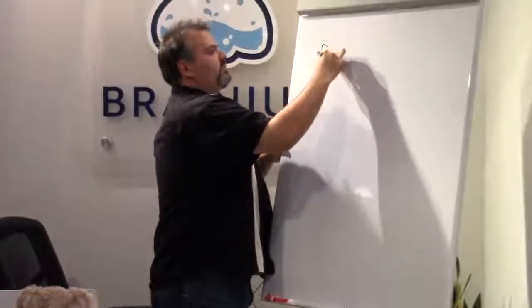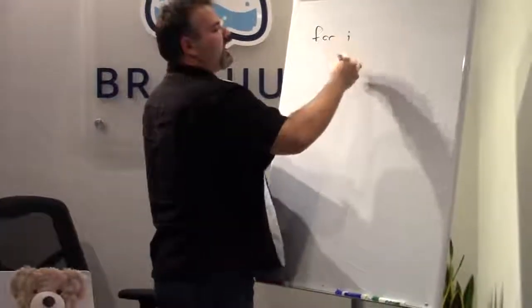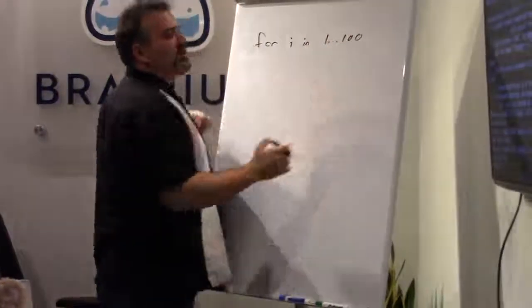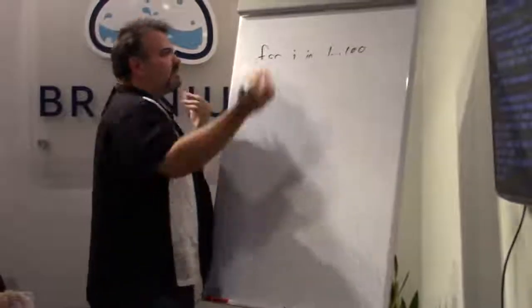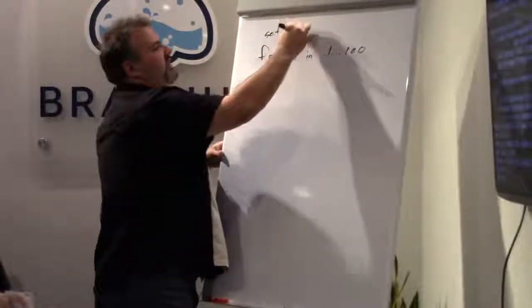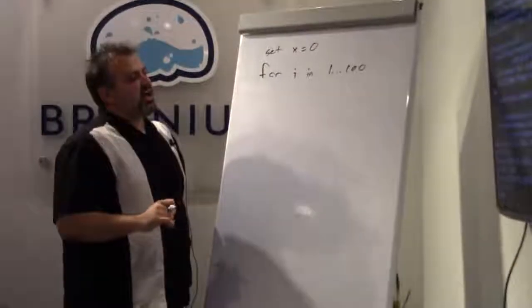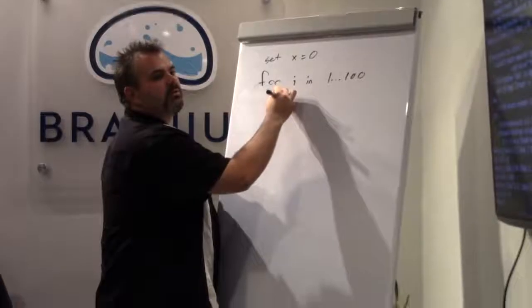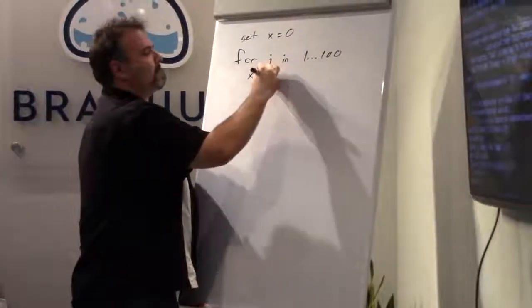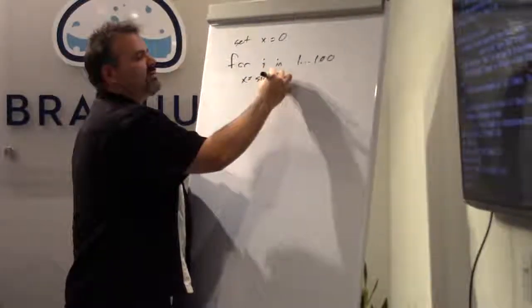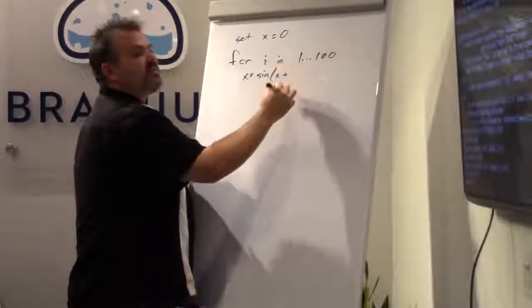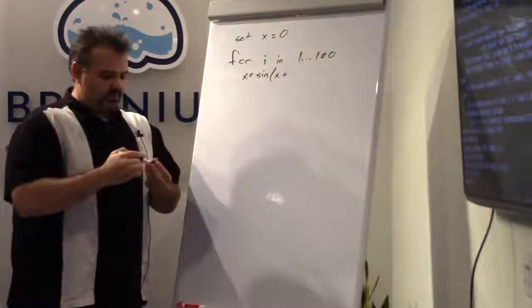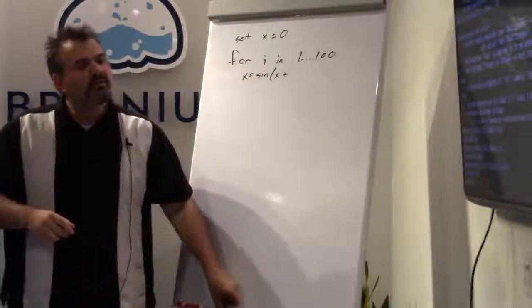Let's see, this is for I in 1 to 100. We're going to set x equals 0, for I in 1 to 100. x equals sine of x plus... plus what?